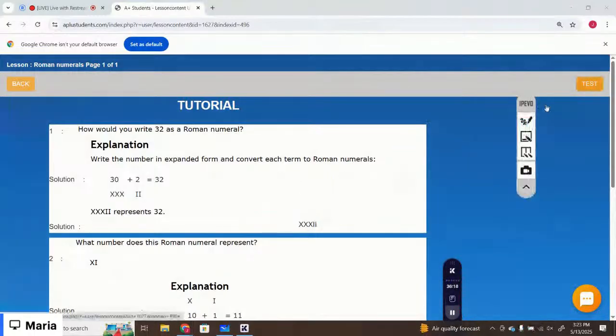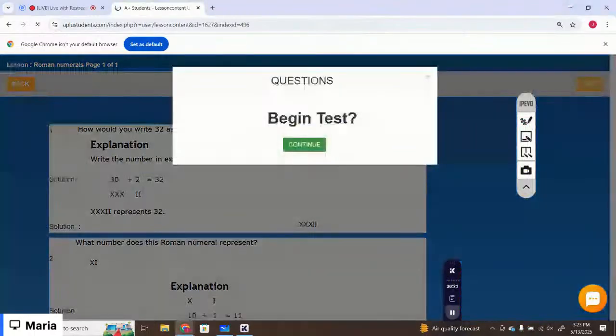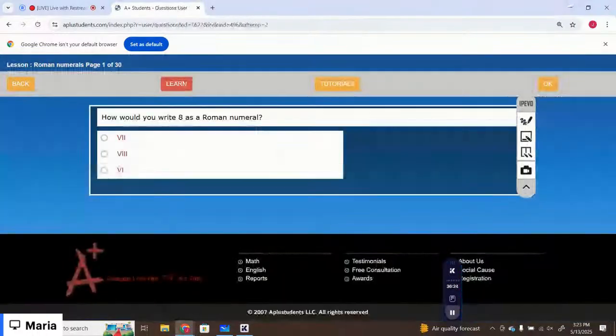Let's just start with the test. How would you write 8 as a Roman numeral? 8 you need to write.